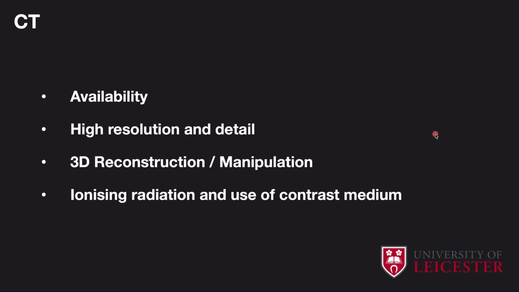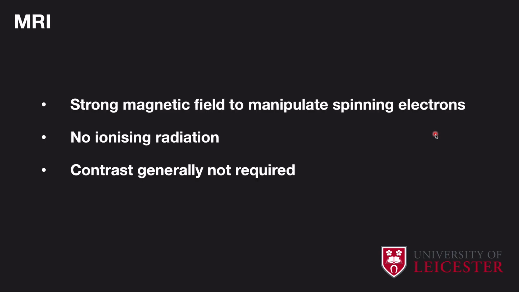If only we had something that would remove radiation and contrast use. Which brings me to the next modality, MRI. It stands for magnetic resonance imaging. MRI uses a strong magnetic field to manipulate spinning electrons within the body.